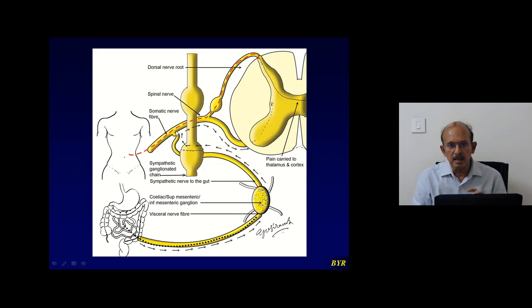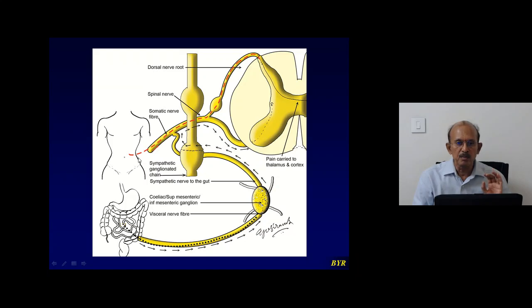So the 10th thoracic nerve also gets the pain fibers from the umbilical region of the abdominal wall. So the umbilical region of the abdominal wall, the pain fibers are carried in the same nerve. So now this impulse is carried on to these pain carrying fibers. So now the patient feels as if pain is there in the umbilical region.